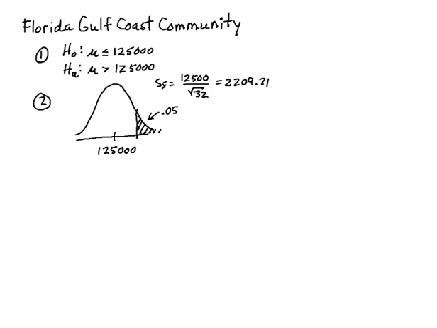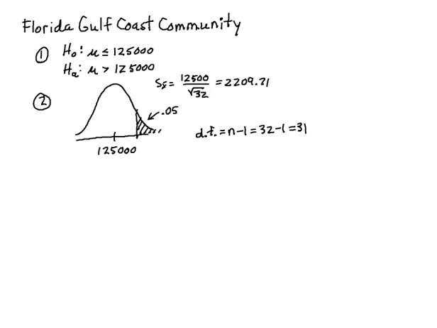Now, in using the t-distribution, I have a sample size of 32, so I want to define my degrees of freedom. This is pretty much the same as it always was. It's n minus 1, and 32 minus 1 is 31. So I'm going to be looking in row 31 on my t-distribution table.